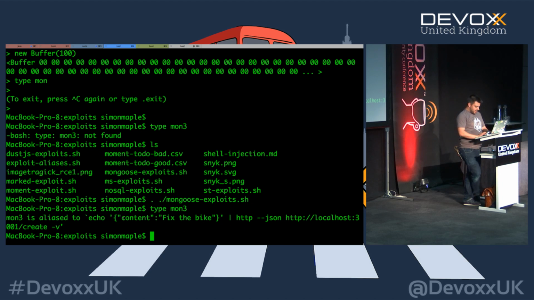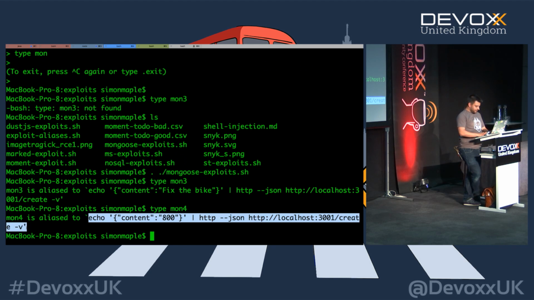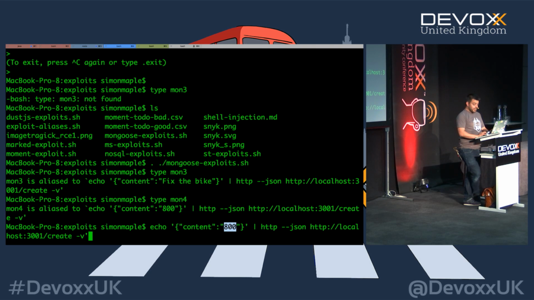Here we go. So in this case, we would make an invocation whereby instead of providing content, we're providing a string, but I think I can pass this as just a number of 800.